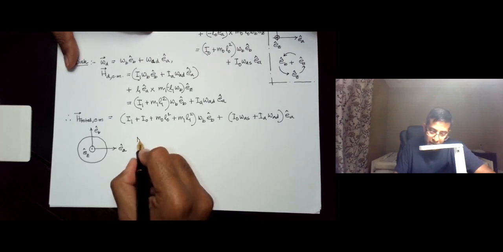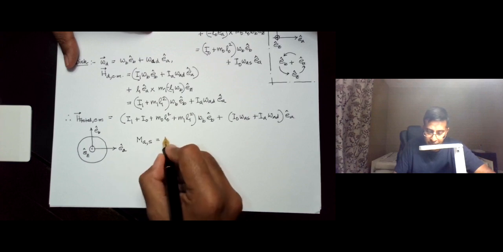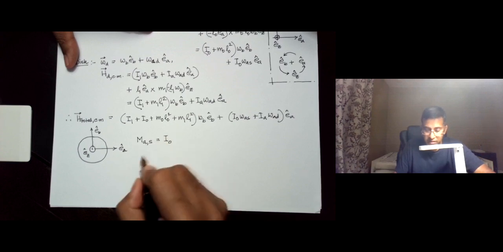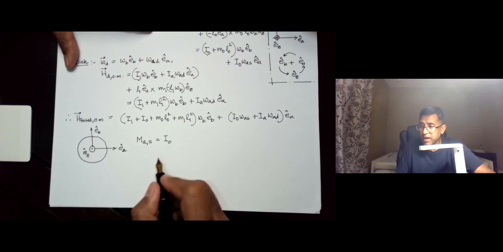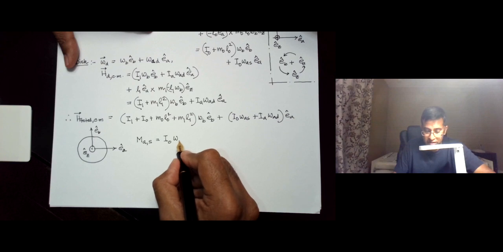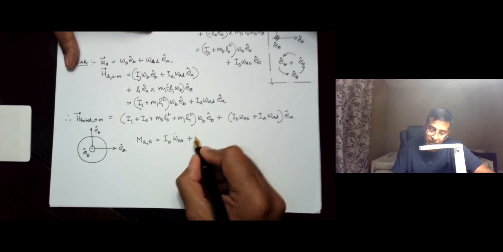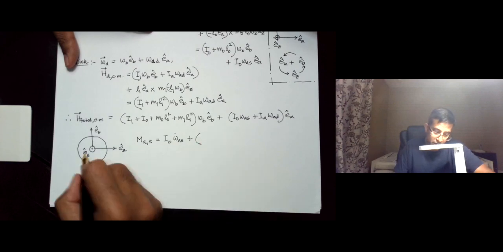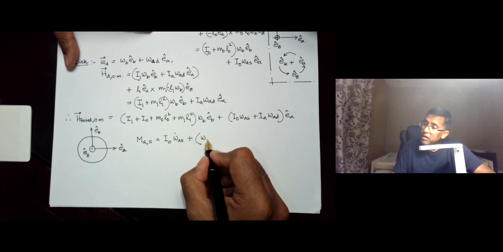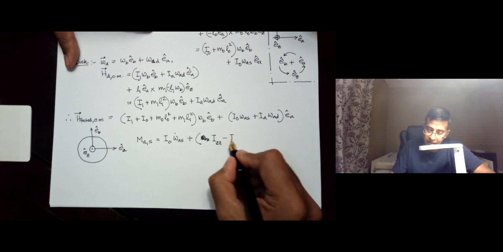The moment applied in the axial direction on the sphere is equal to I of the sphere about the axial direction, which is IO, times the rate of change of the angular velocity of the sphere in the axial direction, plus (IZZ minus IYY).